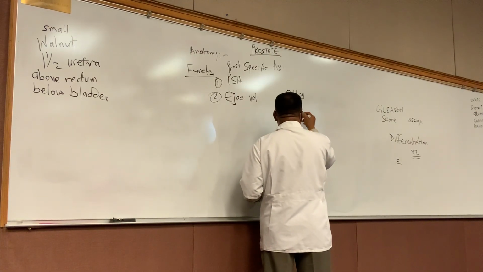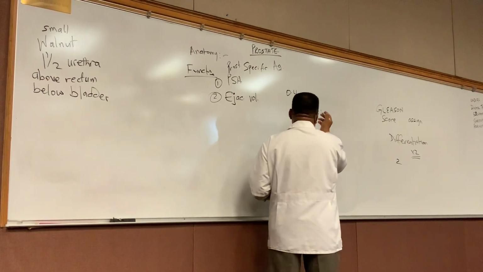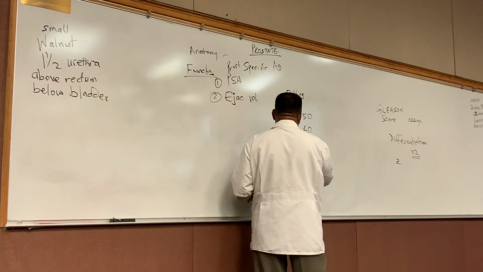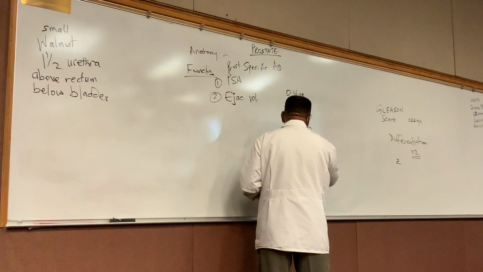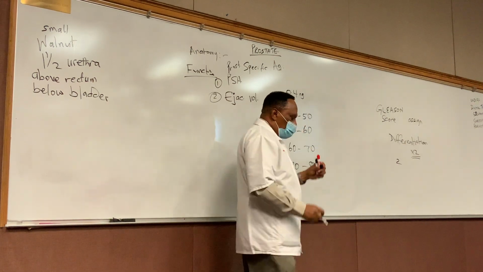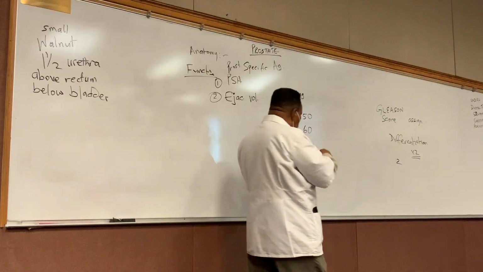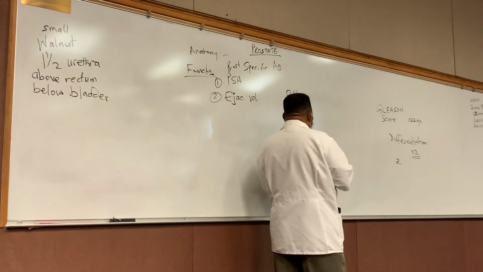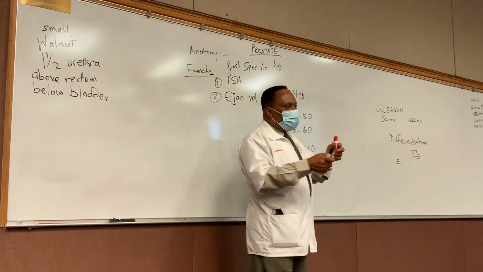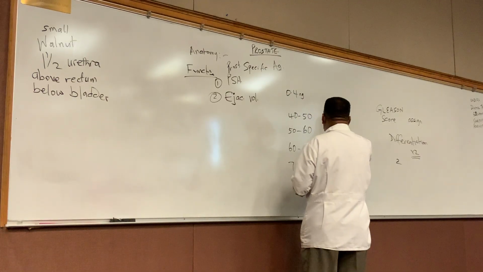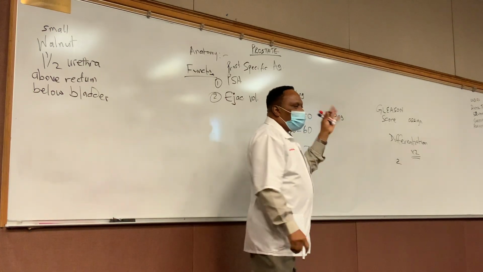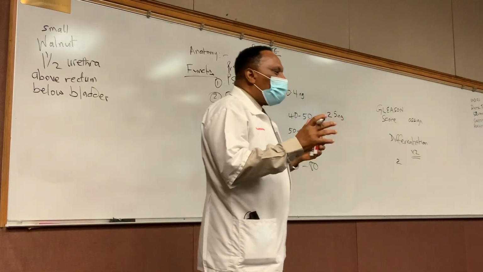If we go from 40 to 50, 50 to 60, that is years of age, 60 to 70, 70 to 80, you don't want to care about after 80. Okay. 40 to 50, the normal now is taken to be like 2.5 nanograms per mil, if you're looking at the PSA.